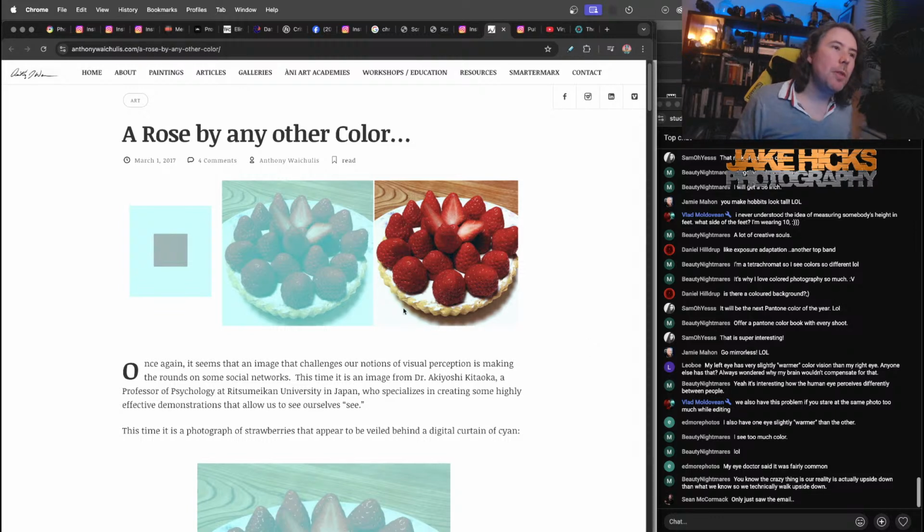So the point here is that there is not a single red pixel in this image on the left. But the semiotics involved with color, our understanding of color, is that we know those strawberries are red.